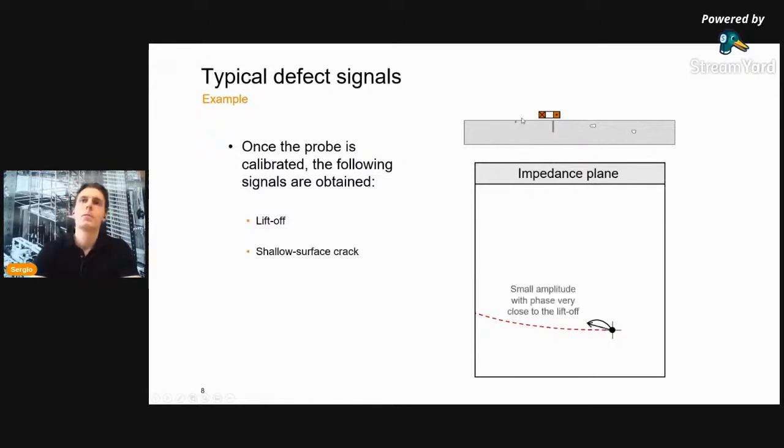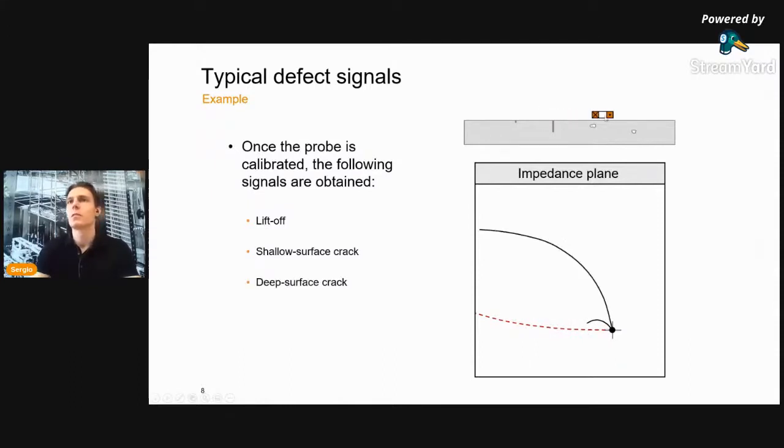Then it will be a small amplitude with a smaller phase closer to the liftoff. If we scan a bigger notch, we will have a nice defect shape.